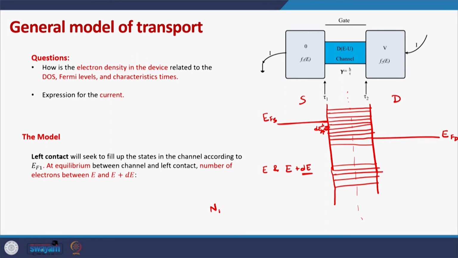The number of electrons in this small interval of energy, let us denote it by N1 prime, will be given by the density of states in the channel. Number of electrons is essentially density of states times the probability of the states getting occupied, F1(E), times the energy range, where F1(E) is the Fermi function of the source contact.